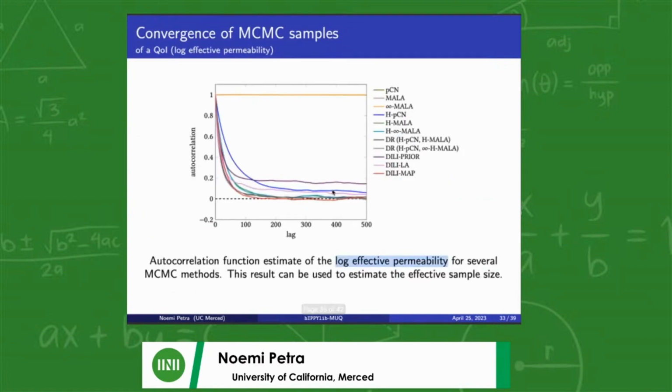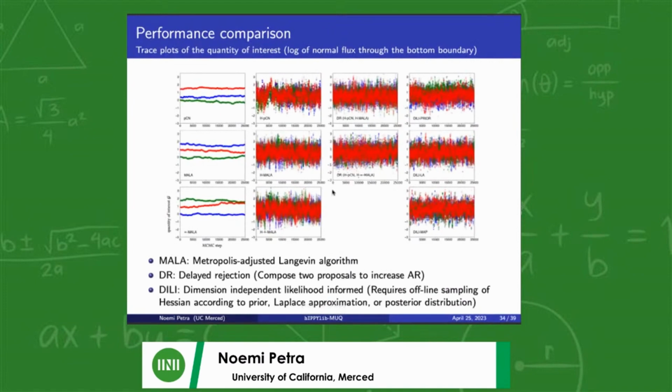Basically the same results shown in a different way. If you want to look at some trace plots of the quantity of interest, this is how it looks. Again, pCN and all these things without Hessian information, it's really terrible, if I may.